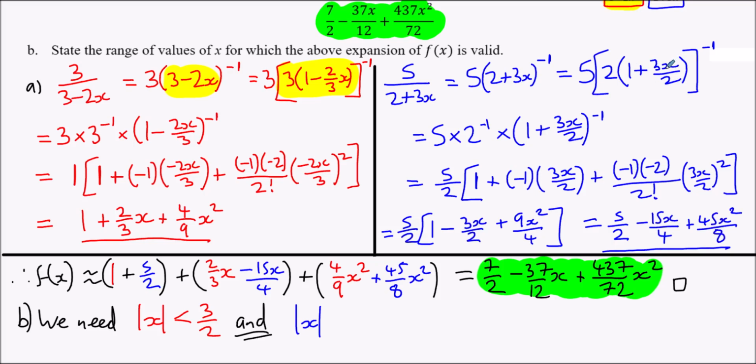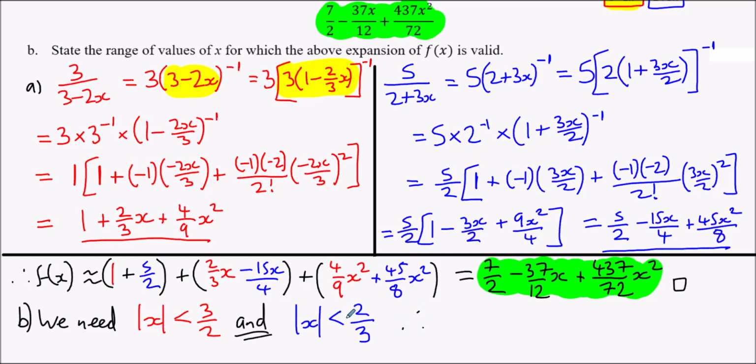So what value of x would make 3/2 x less than 1? Again, we do the reciprocal. 3/2 times 2/3 would be equal to 1. Therefore, x must be less than 2/3. So we need the magnitude of x to be less than 2/3. So what value of x satisfies both being less than 3 over 2 and less than 2/3?